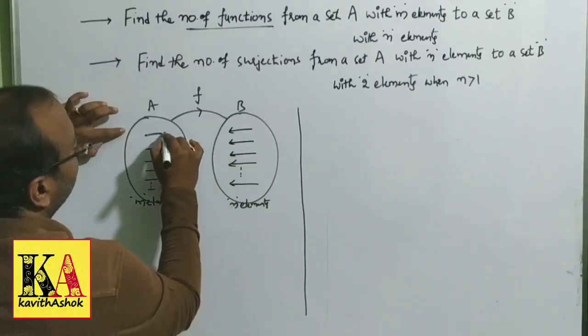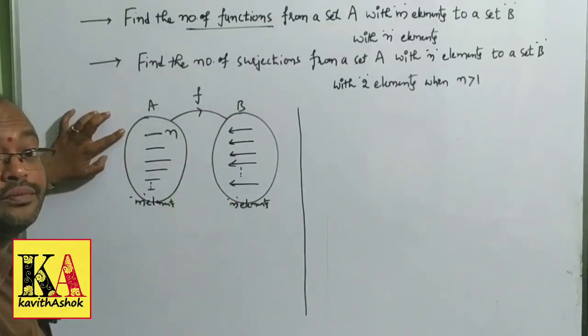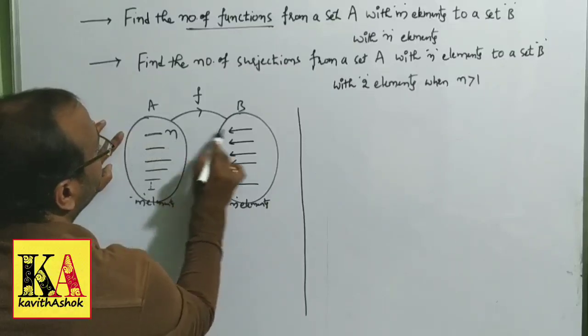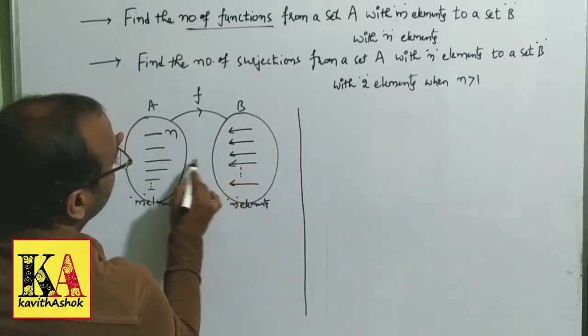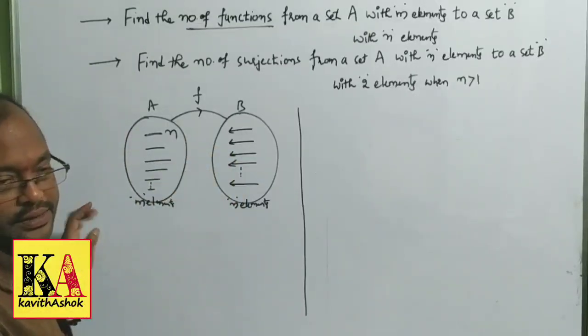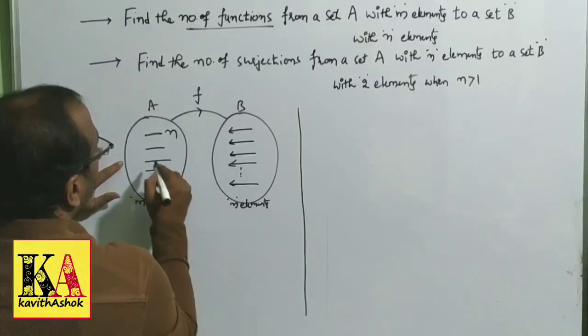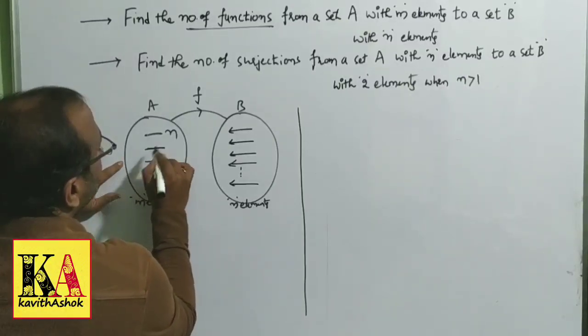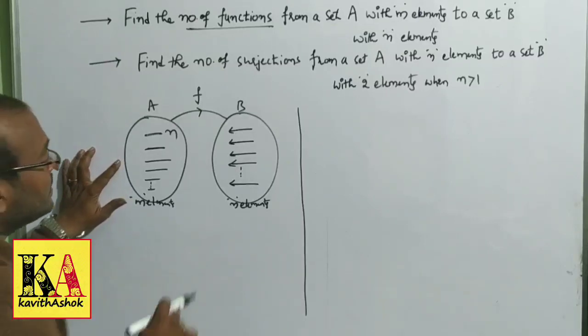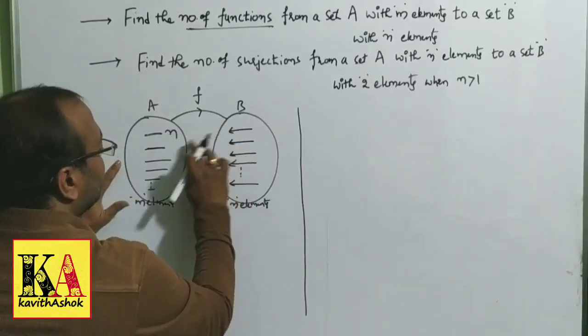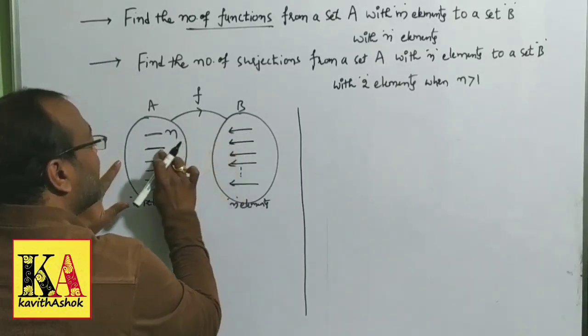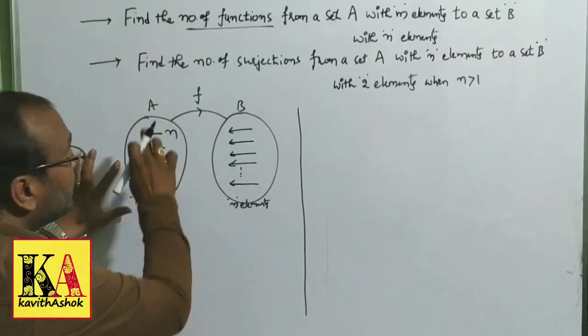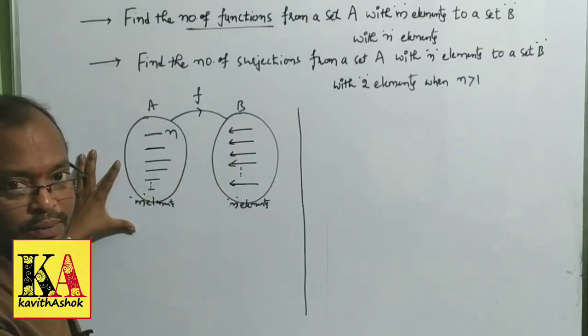We may relate this one, or this one, or this one. Now to fill the second place, it may be related to this one too. More than two elements can be related to one element here. No problem for that.